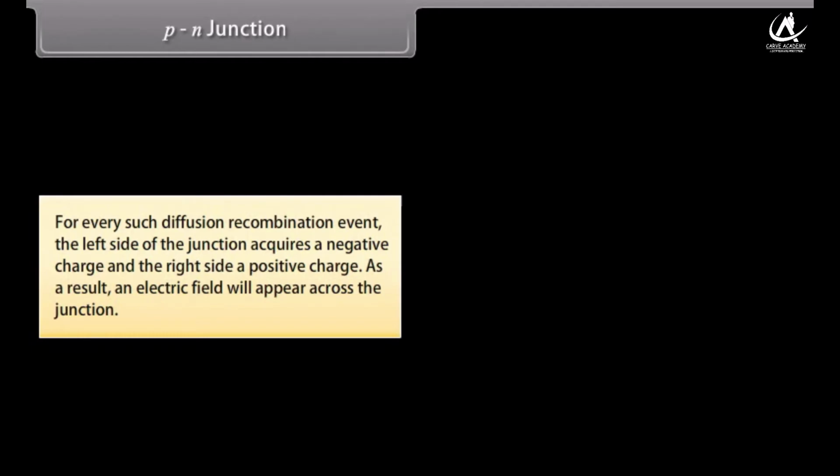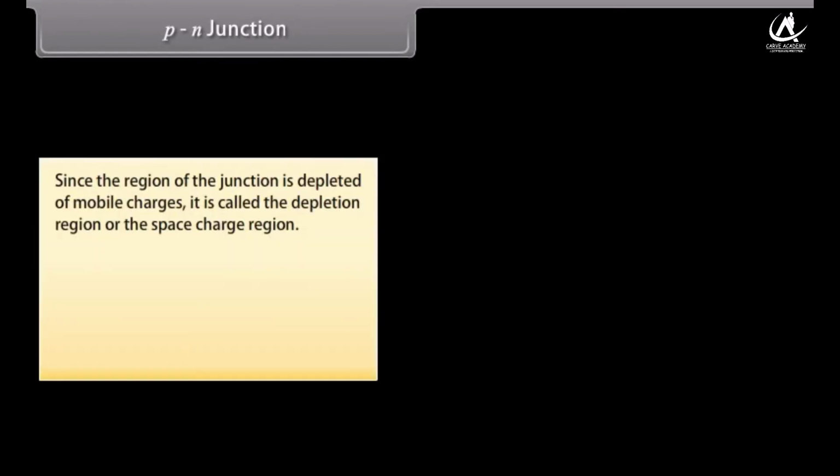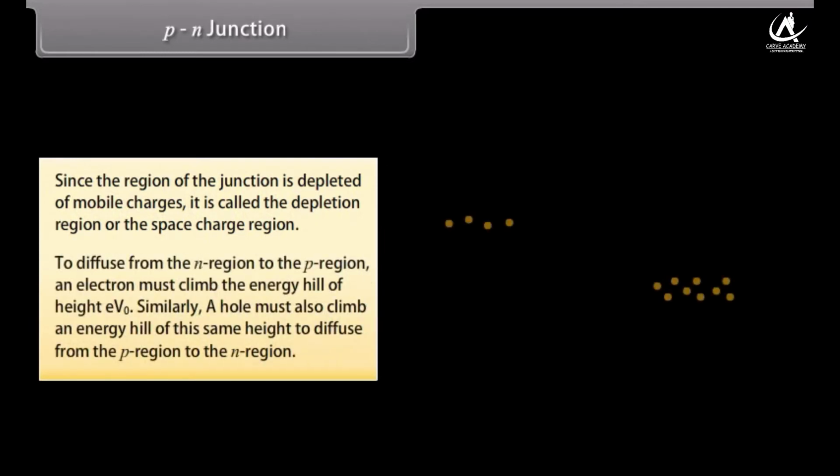As a result, an electric field will appear across the junction. Since the region of the junction is depleted of mobile charges, it is called the depletion region or the space charge region. To diffuse from the n region to the p region, an electron must climb the energy hill of height eV0. A hole must also climb an energy hill of the same height to diffuse from the p region to the n region.